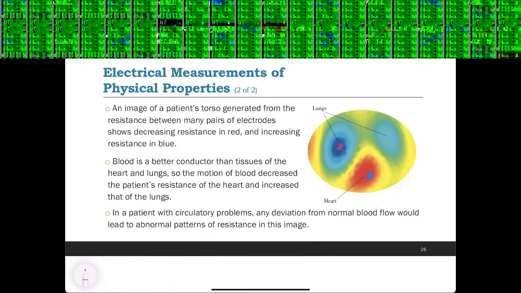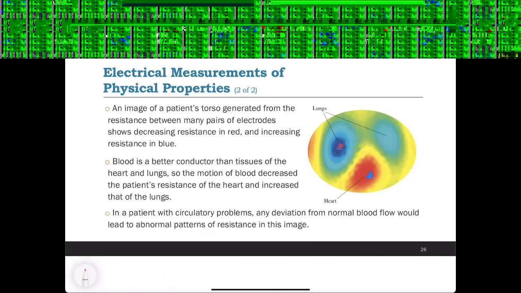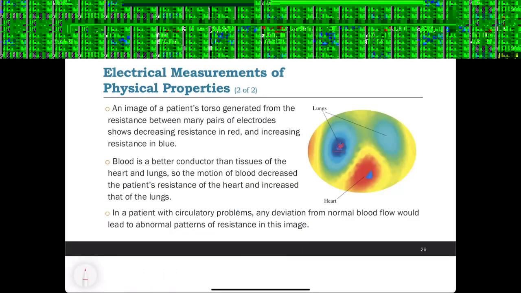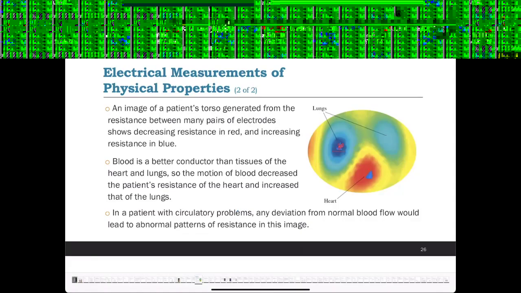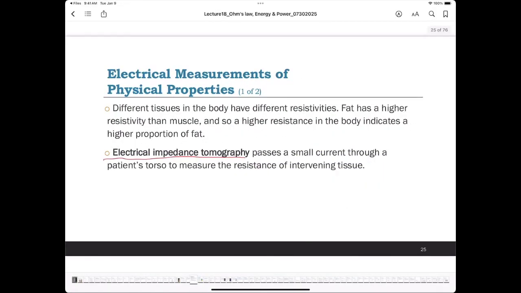This means the lungs contain more fat, because fat has a higher resistivity than muscle.